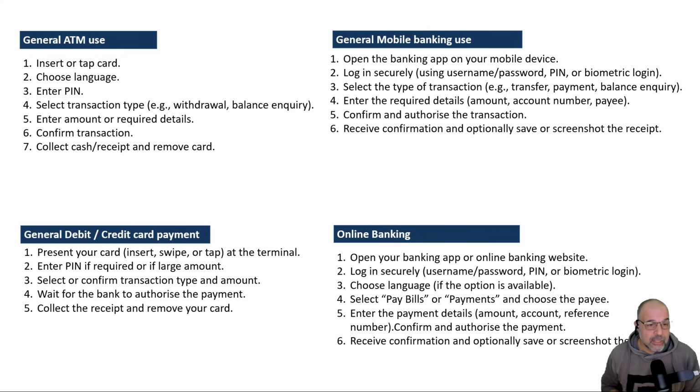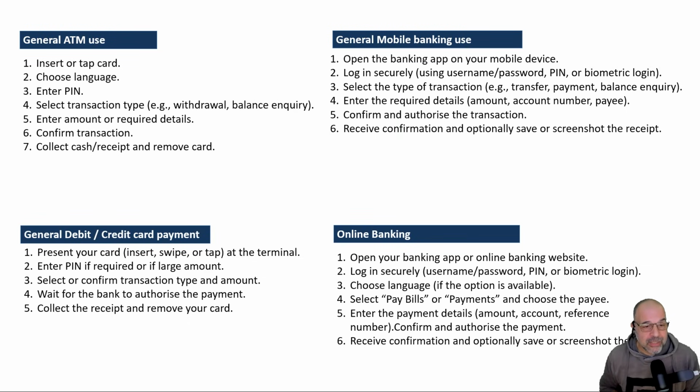General debit credit card payment. So if you're going to make a payment with a debit or credit card, it's going to involve you presenting your card, insert, swipe or tap, depending on the method you're going to use at the terminal. Enter PIN if required or if large amount. So again, we've said even if you're using NFC, for example, a tap method, and you're going to make a very large payment, then sometimes it may ask you to insert the card and enter the PIN as extra security.